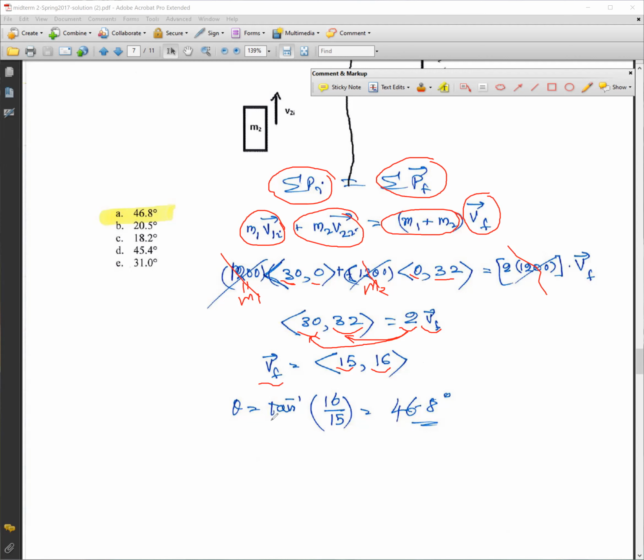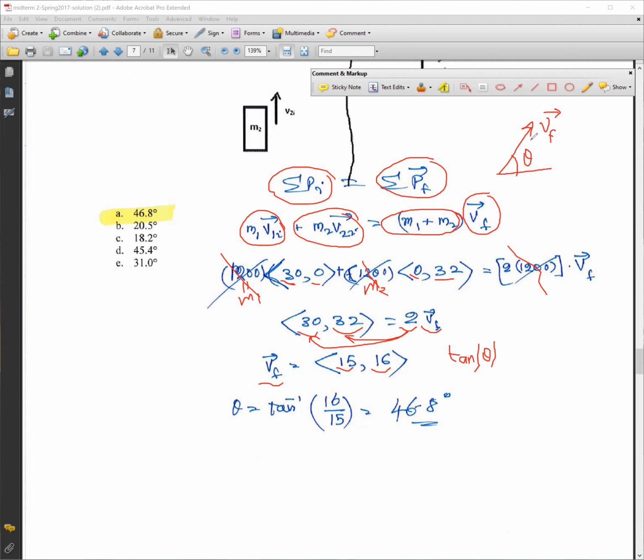Now here, if you have the 2 components, remember we discussed this in the lecture. We said if you want the angle theta, you know that tan theta, of course the theta here will be the angle corresponding to v final. So let's say this is v final for the 2 cars moving together, and it's making an angle theta with the horizontal.